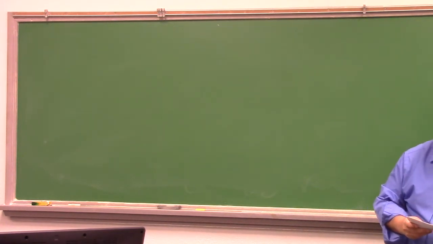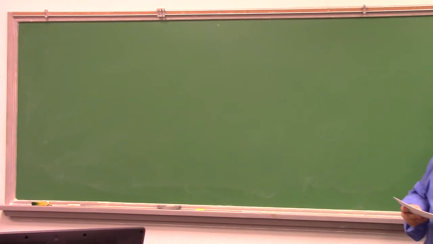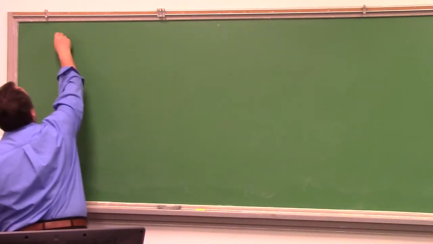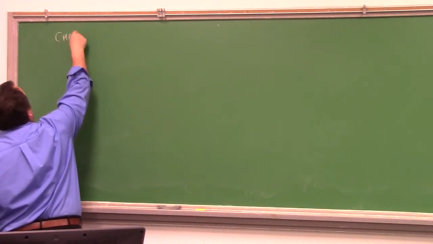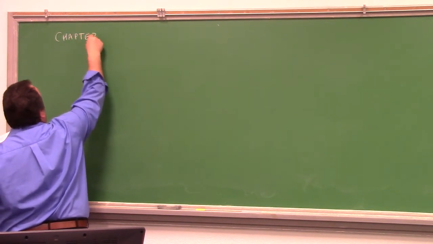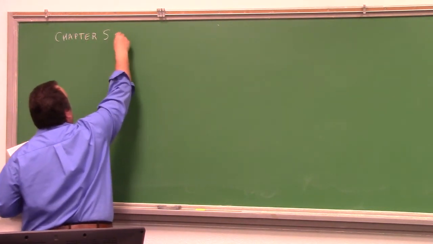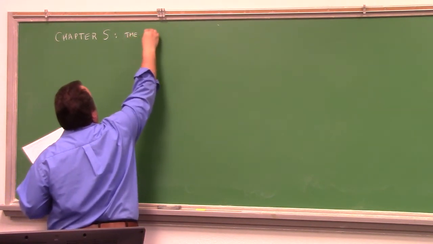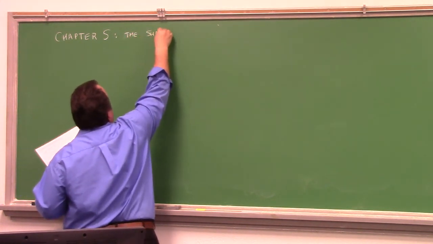All right, so this is chapter 5 of O'Neill, which is on the shape operator. I mean, that's one way to look at it.